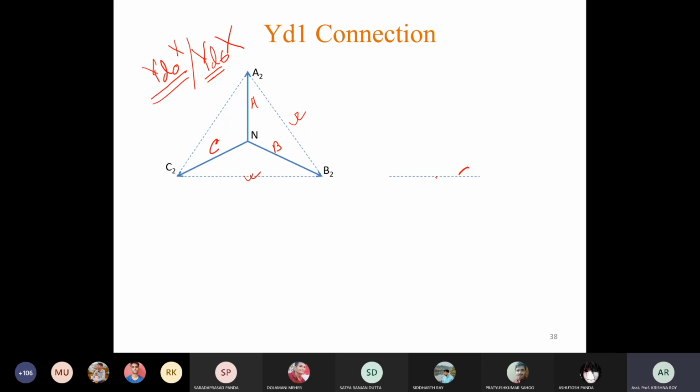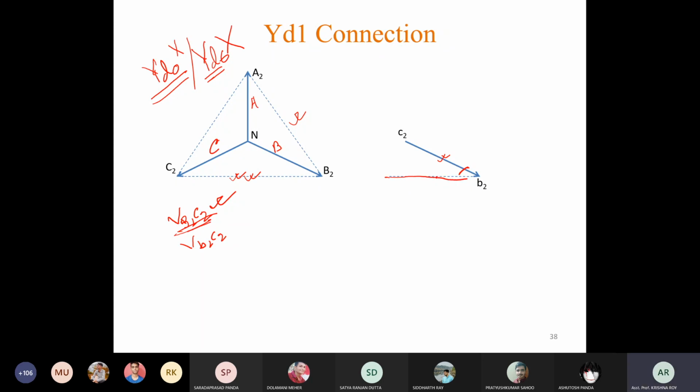Okay. So let us see. So this is now the C2B2 phasor. That means if we consider this line as V B2 C2, so this line will be V small b2 c2, which is making an angle of 30 degree with this reference line or this EMF, whatever we can say, because this V B2 C2 lies along this line.